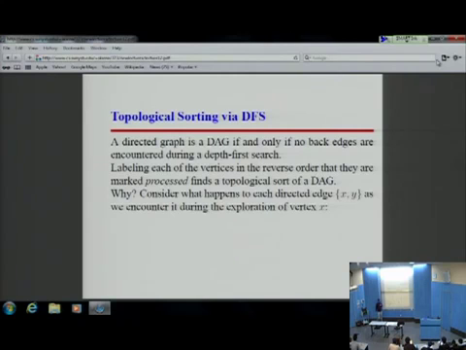How much time will this take? The first step of finding them was n plus m. Then for each vertex, I'm going to go through its out degree, its number of edges going out of it, once. The total amount of time I spend walking through and deleting edges is going to be equal to the number of edges in the graph.